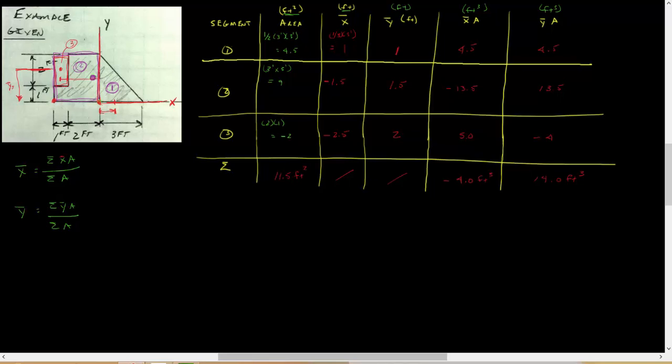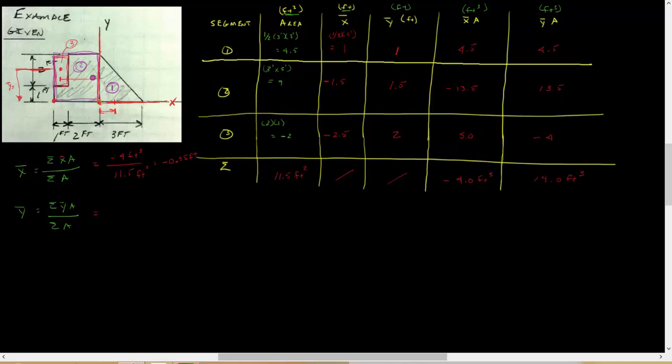Now, plugging into my equation, x bar times a was negative 4 feet cubed, divided by my area, which was 11.5 feet squared. So that comes out to be a negative 0.35 feet.